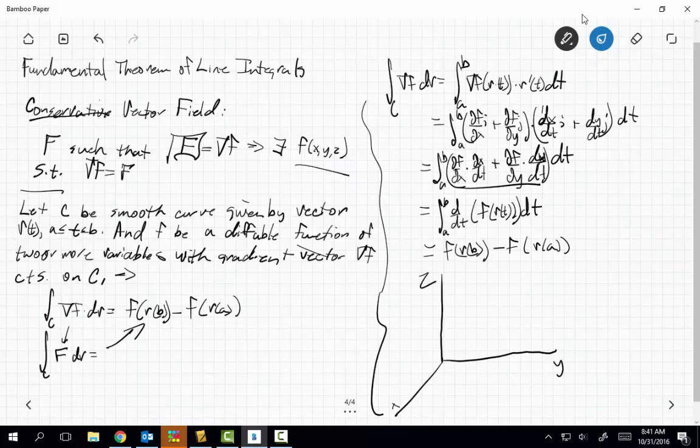If all that I need are endpoints, then my path doesn't matter as long as I have a conservative vector field. So if I have some point x1, y1, z1, right? And then I have another point somewhere over here, and this is x2, y2, z2, right?